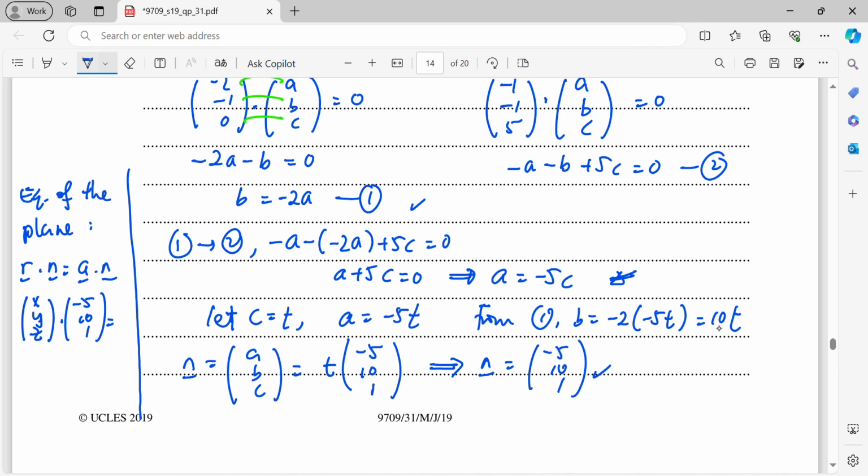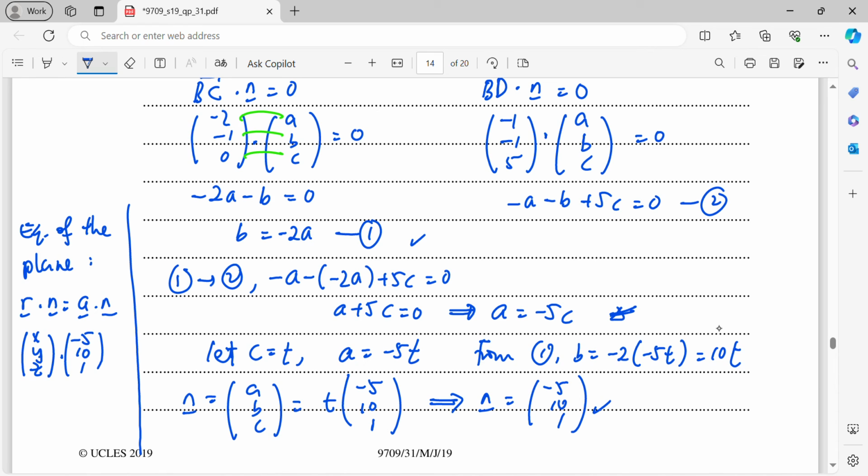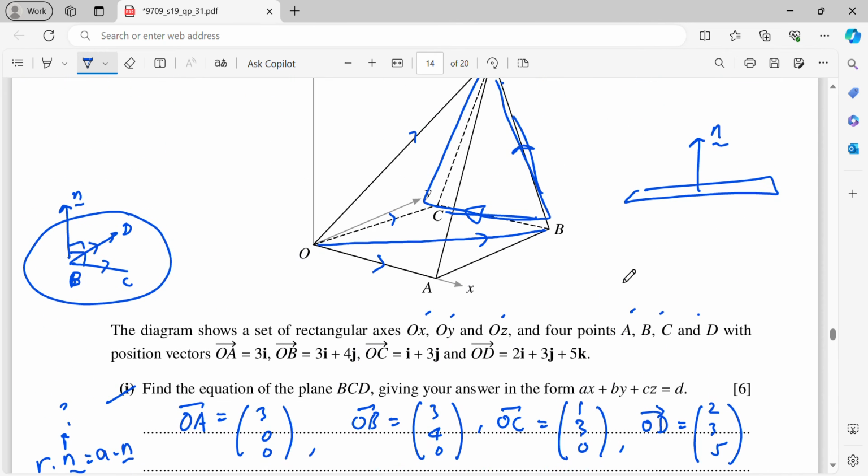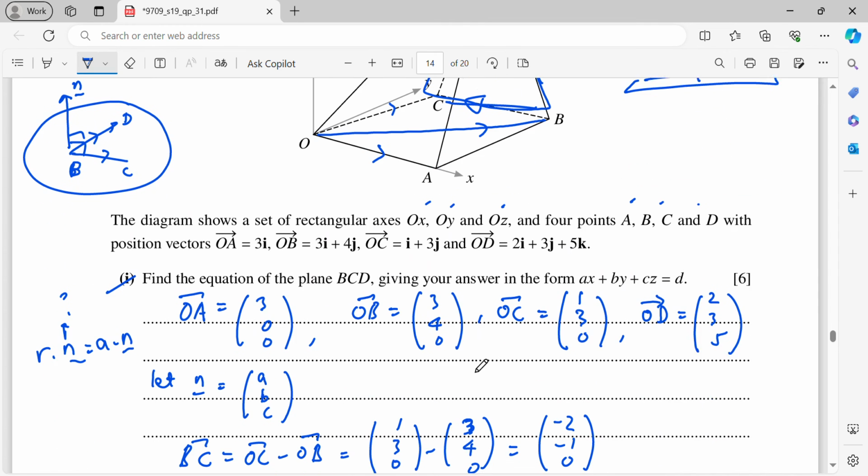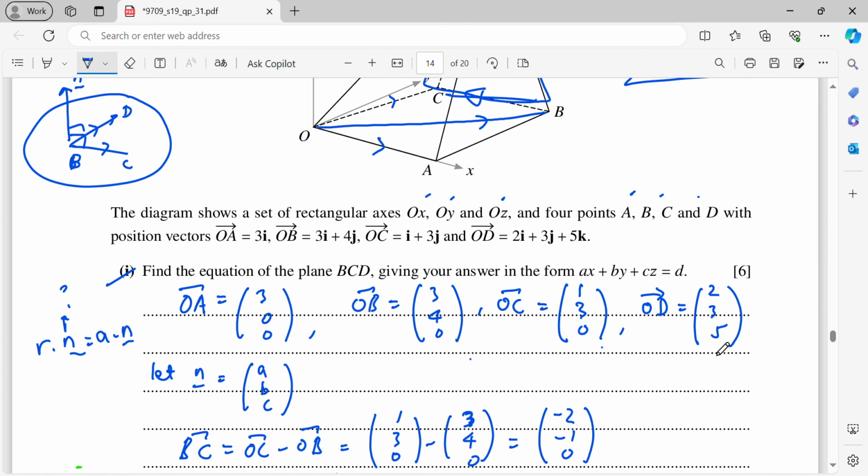That is equal to a dot n, where A is any point on the plane. Just now we have 3 points on the plane. Okay, let me rewrite this. You can take any point because now you are forming BCD, so you can take point B, point C, or point D, up to you.